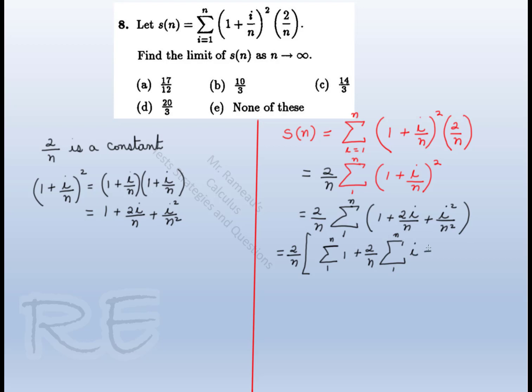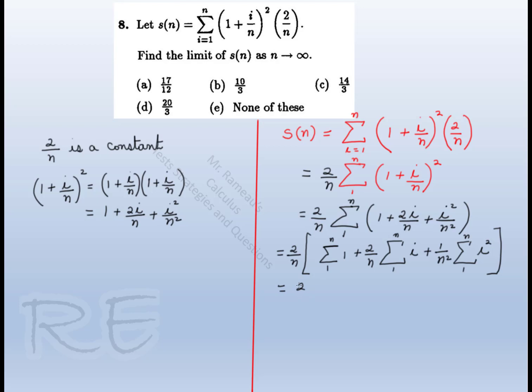We just factor out 2 over n, plus 1 over n squared summation of i squared from 1 to n. We factor out 1 over n squared.